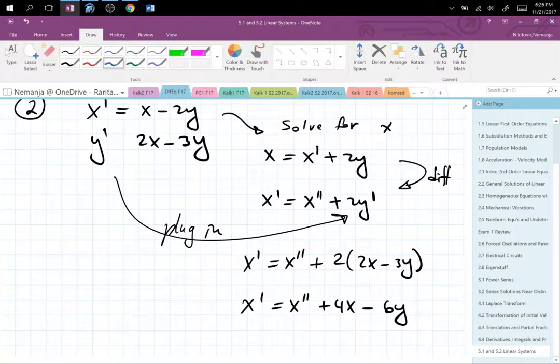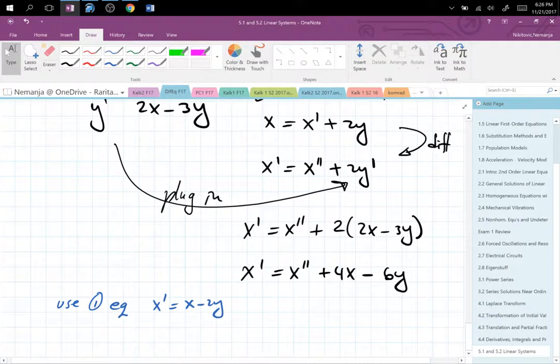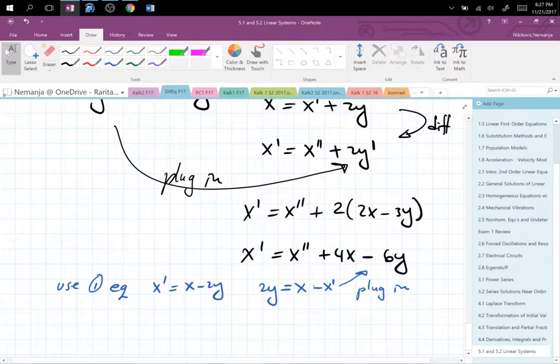So use the first equation, which was x prime is equal to x minus 2y. If you solve this for 2y, 2y is equal to x minus x prime. And then plug in. Now there is a neat trick over here.